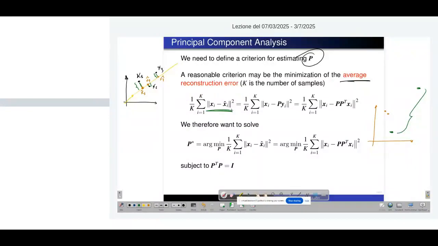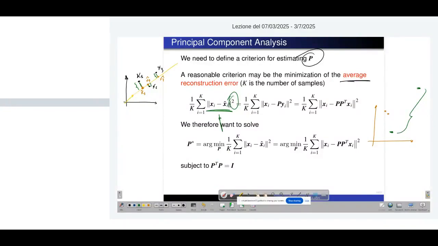The larger the distance, the larger the squared Euclidean distance, the worse is my reconstruction. With a quadratic error, the goodness of my reconstruction becomes quadratically worse as I move farther away between the original and the reconstructed point. So if points are close, my error will be low.